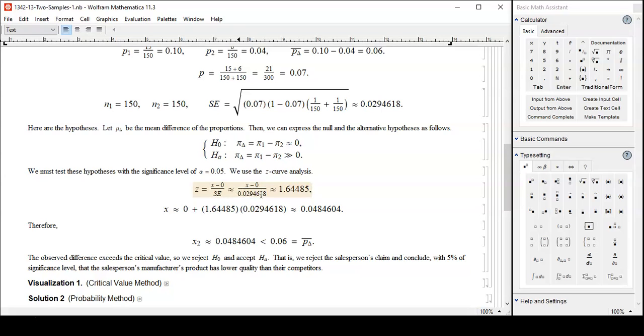X over the standard error, which we calculated over there, is the z-score associated to 95%, 1.645. Here I use a little bit better figure using Mathematica, so 1.64485. And then solving for x, something we had been doing all the time. So what do we have? We have 0.048 something. Let's go back to the picture.